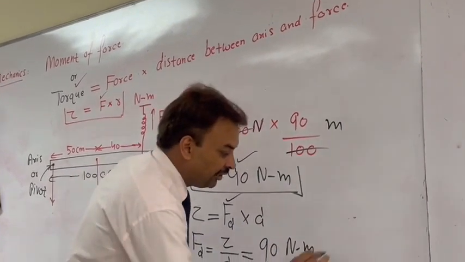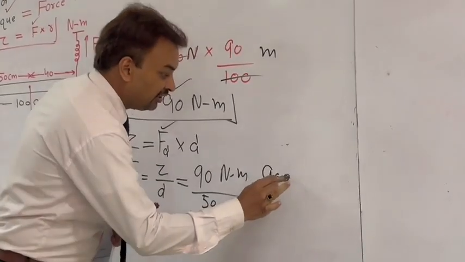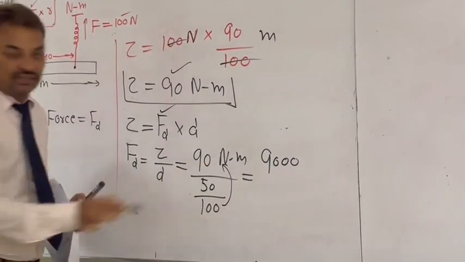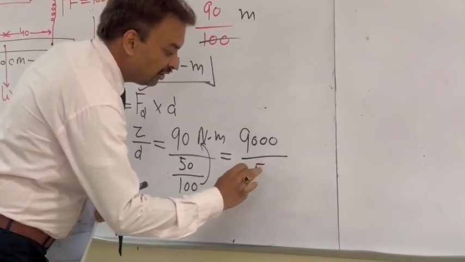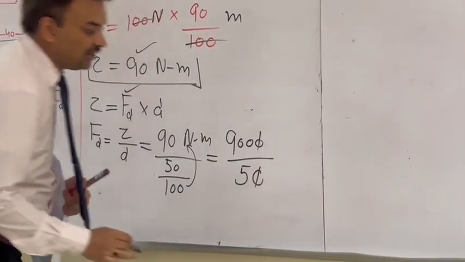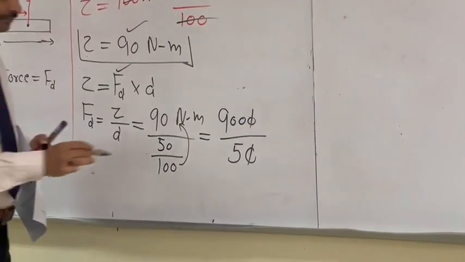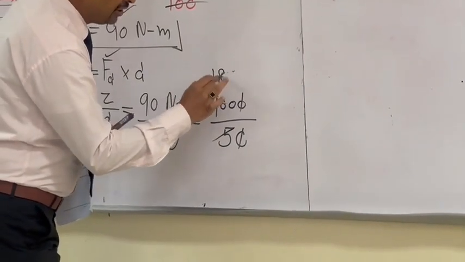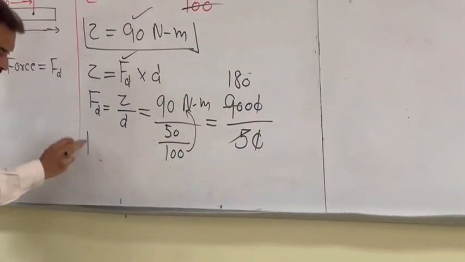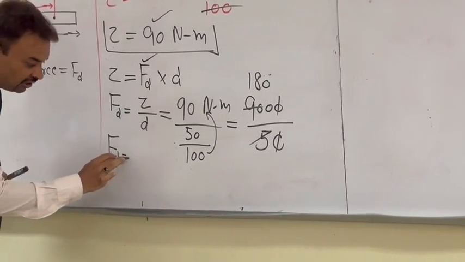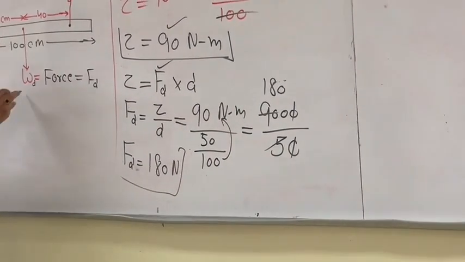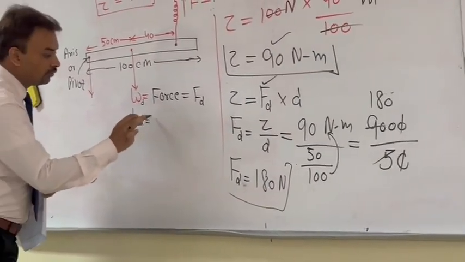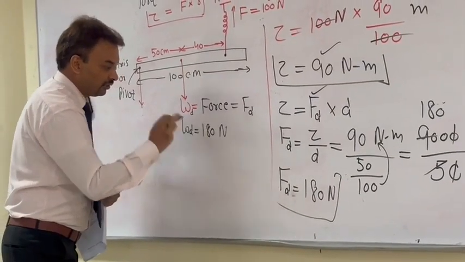That can be written as 90, this 100 will go up, and this will be 50. So 10 cancels, and this is 180. So the downward force FD is equal to 180 Newton. So W is equal to 180 Newton.